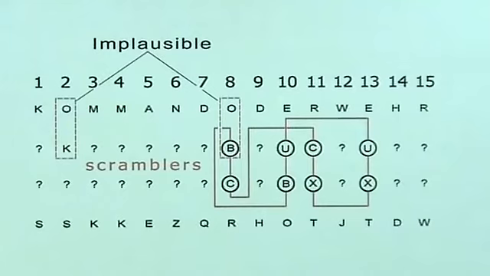Imagine the letter K on the scrambler 2 at this point. This would mean that the letter O and K were swapped on the Enigma's Steckerbrett.